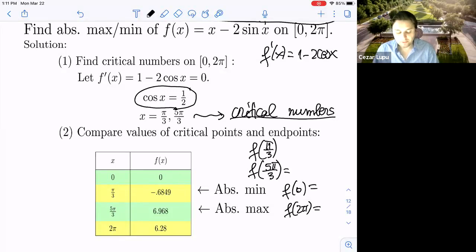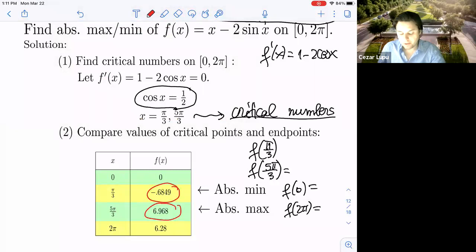At pi over 3 it is negative 0.6843, at 5 pi over 3 it is 6.968, and at 2 pi it is 6.28. So let's see which one is the largest and which one is the smallest.